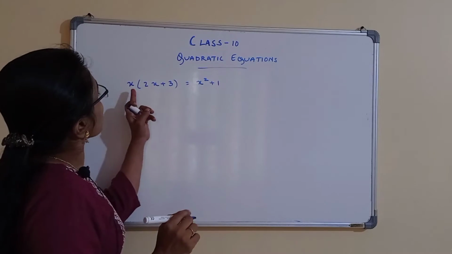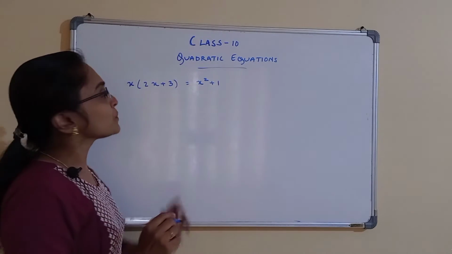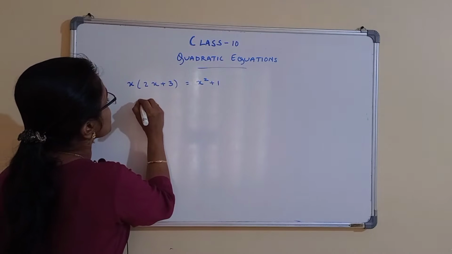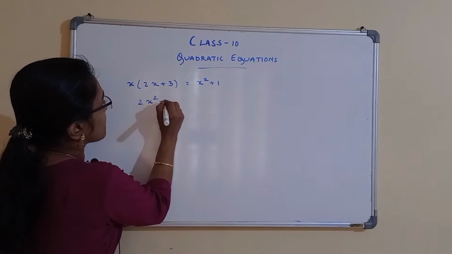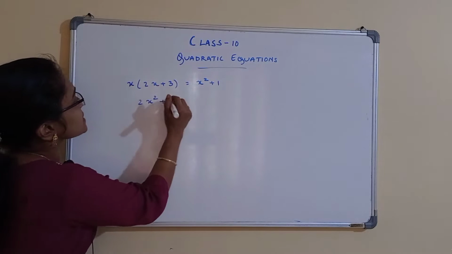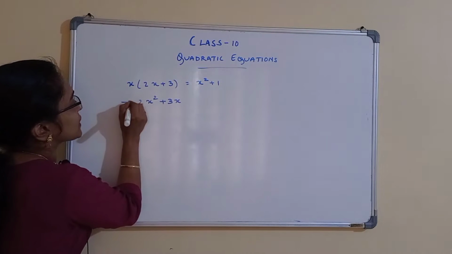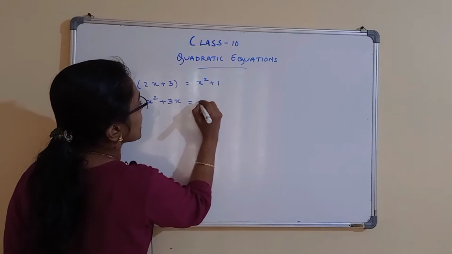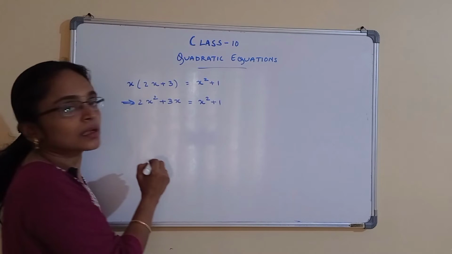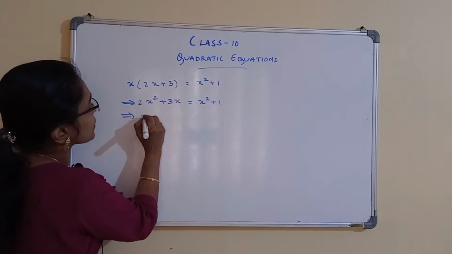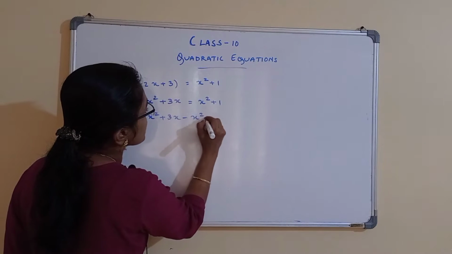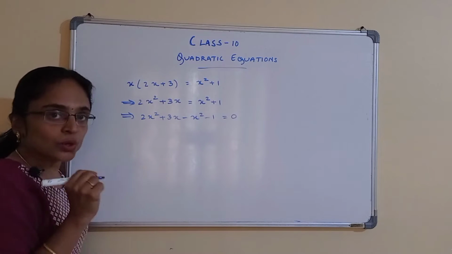Next one is x into 2x plus 3 equal to x square plus 1. So we can simplify this. X into 2x is 2x square plus 3 into x is 3x. We can write implies 2x square plus 3x is equal to x square plus 1, which implies 2x square plus 3x minus x square minus 1 is equal to 0, right?